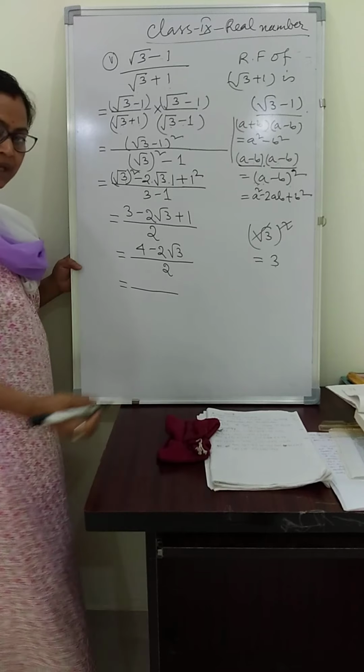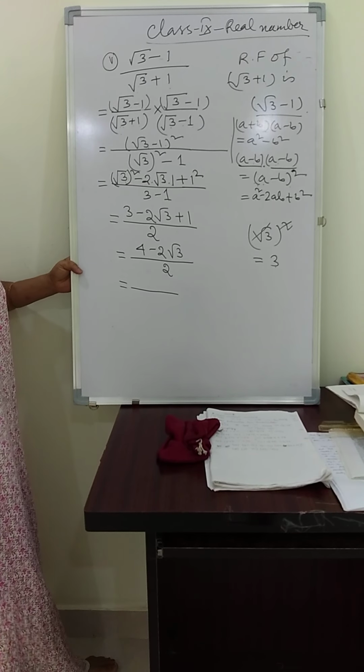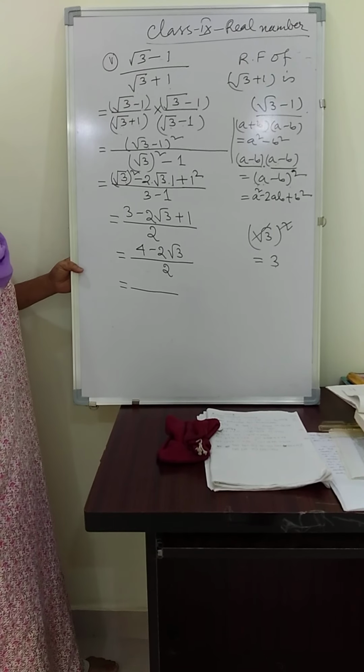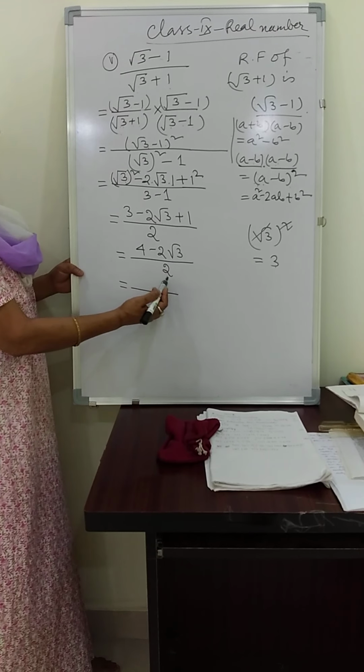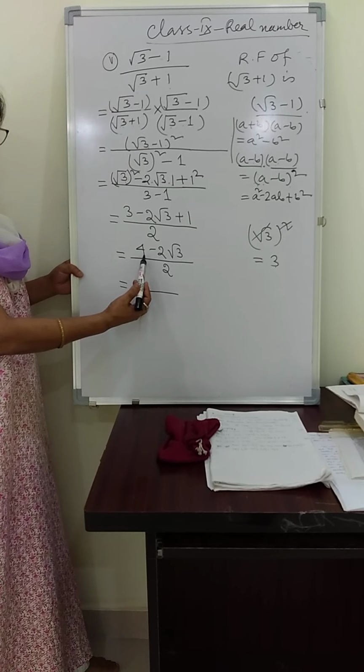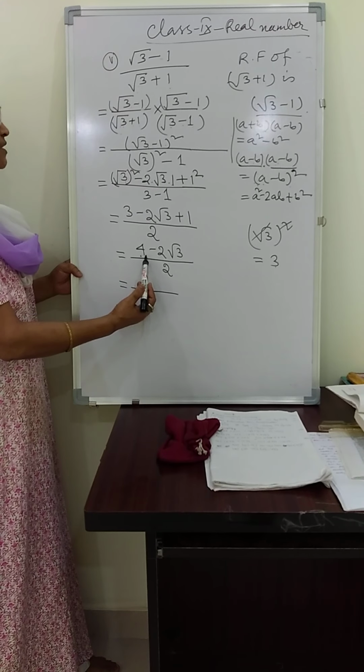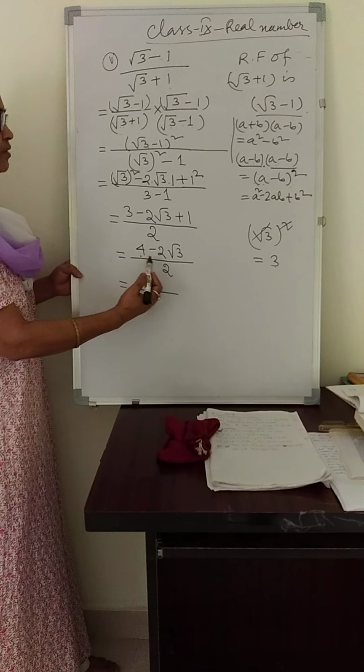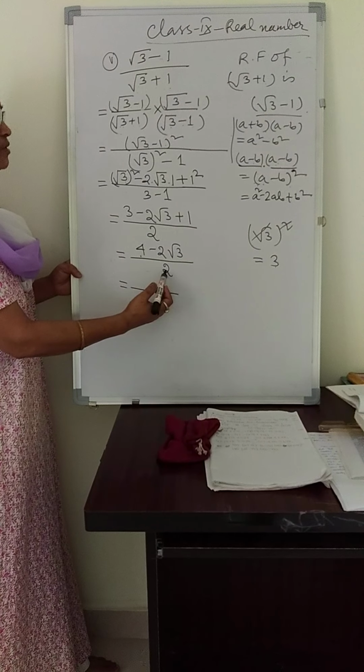So as far as it is possible, we try to cancel the denominator. Now look here, the denominator is 2. So can we get 2 as a factor from the numerator?